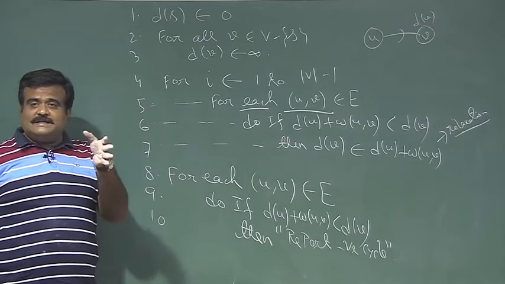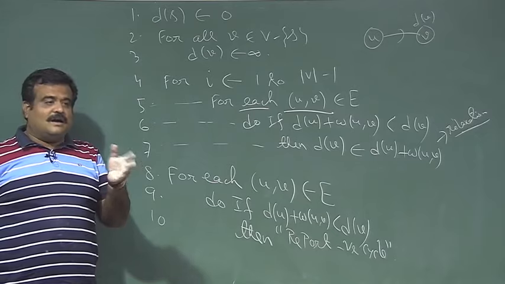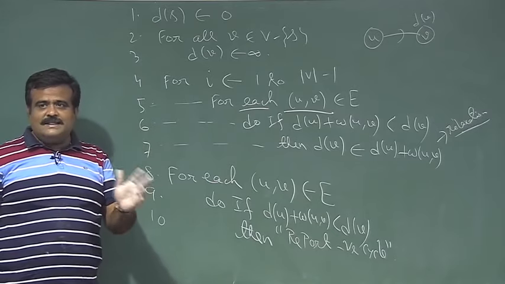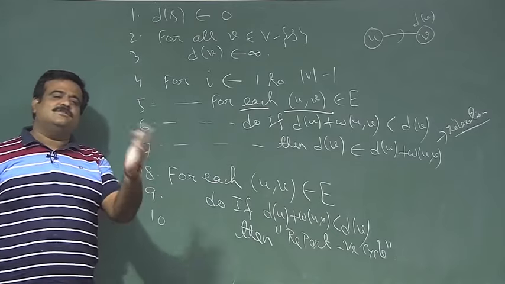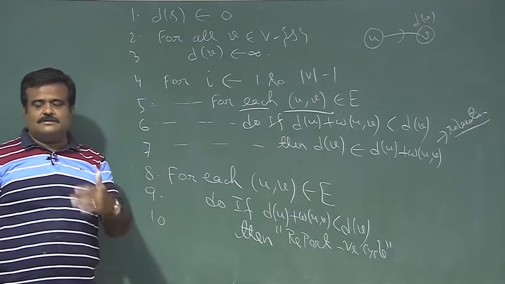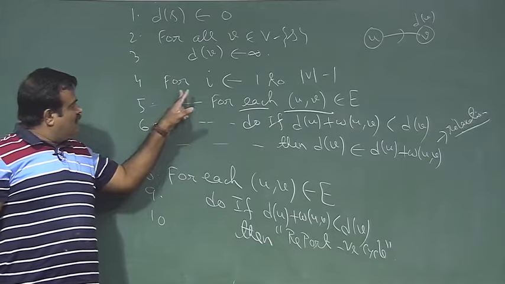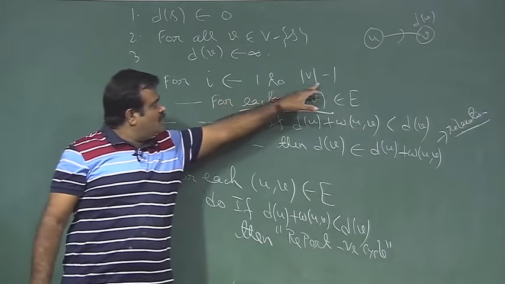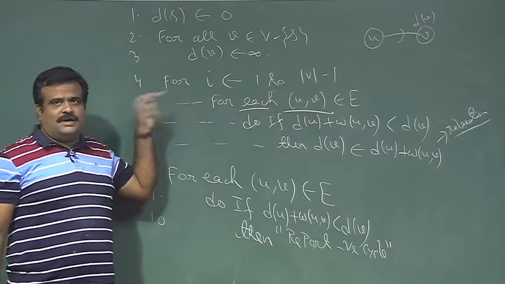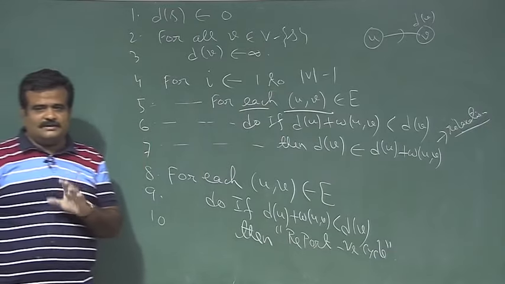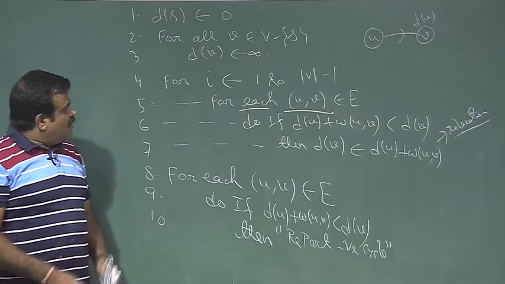If we see a vertex can be relaxed further, then it will never converge, it can be relaxed again and again like this. So that means there is a negative cycle. In the correctness proof we will see why we are doing this loop for V minus 1 times.